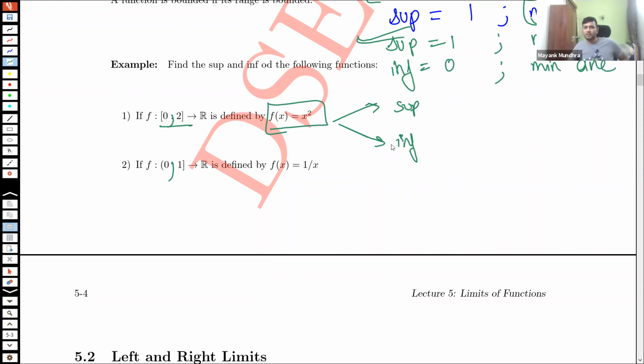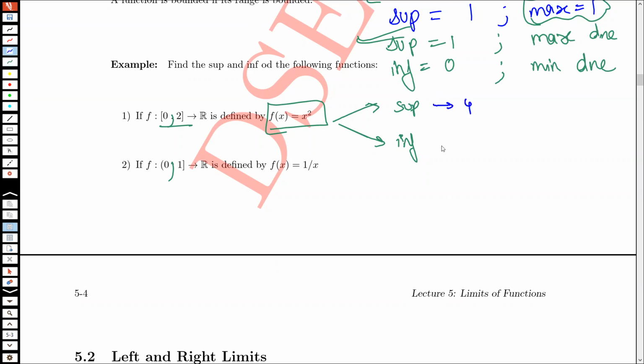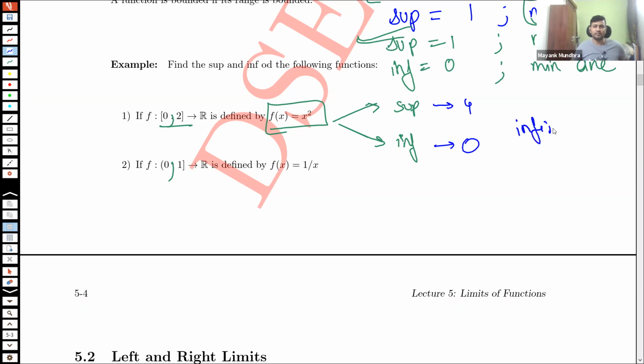Anyone? It's not too difficult. Anybody can just switch on your mic and give me the answer. Supremum is 4 and infimum is 0. Yeah, infimum is 0. Very good.